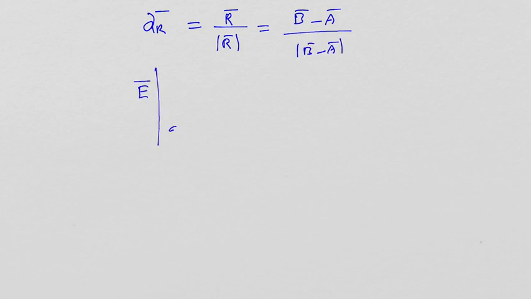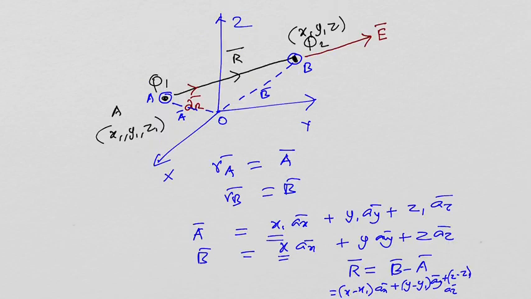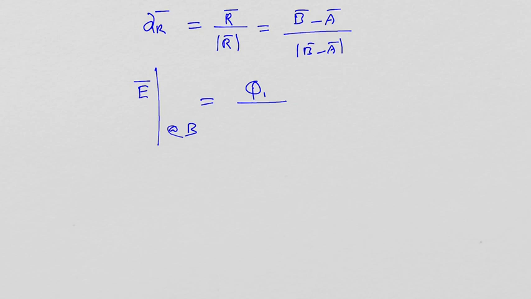So E at any point where any other charge is located can be estimated, because Q1 is the point charge located at point A, and Q2 is the charge located at position B. E is Q1 divided by 4 pi epsilon naught R squared, where I take the magnitude squared, times AR vector.